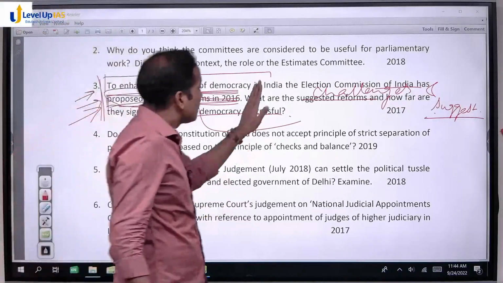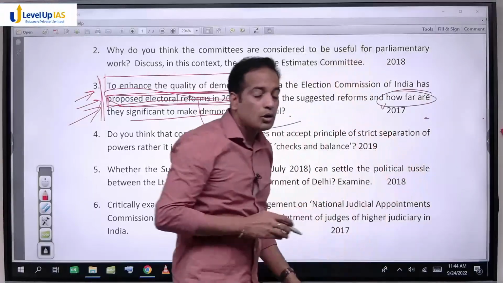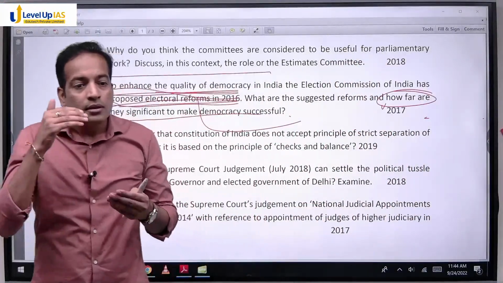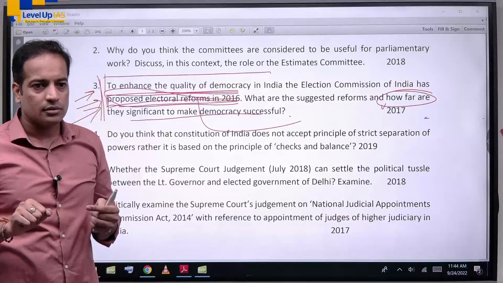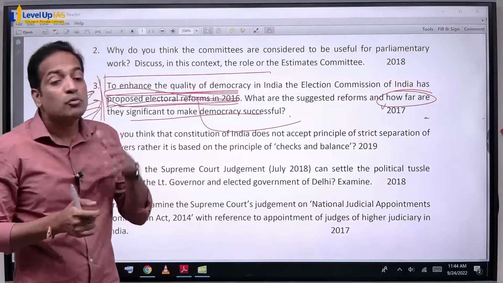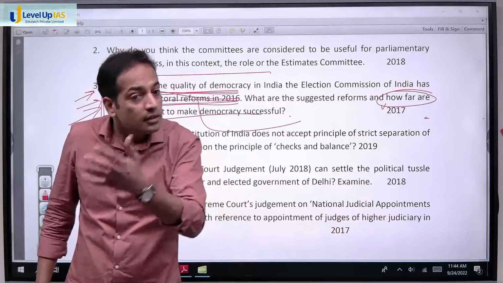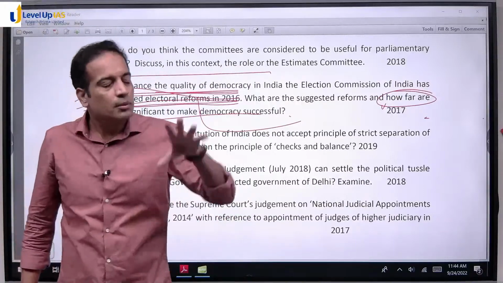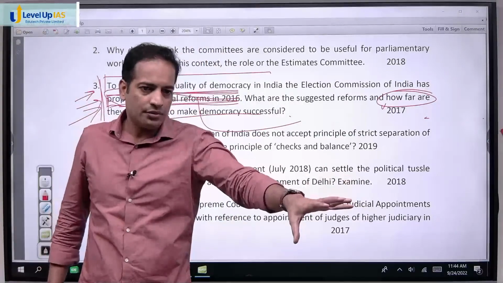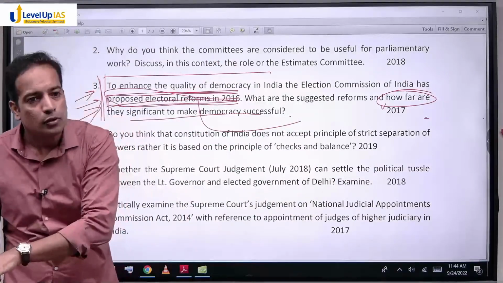When this term comes, how far means to what extent, both are the same. So you will be writing, yes, they are beneficial, but again there are issues. Still, despite all these efforts, despite all these reforms, we will not be able to.